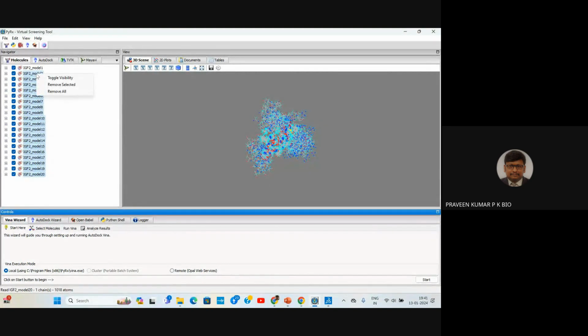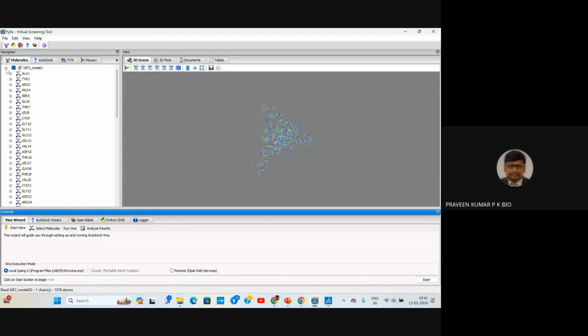So what I'm going to do here is remove the remaining 19. I restore only model 1. So I got only one model at present. If you expand this, you can find all the amino acids in that one model. If you want to check how many amino acids there are, there are nearly 67 amino acids. In IGF2, we have 67 amino acids.